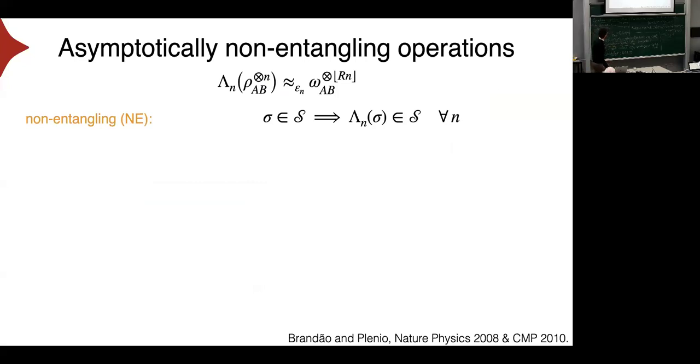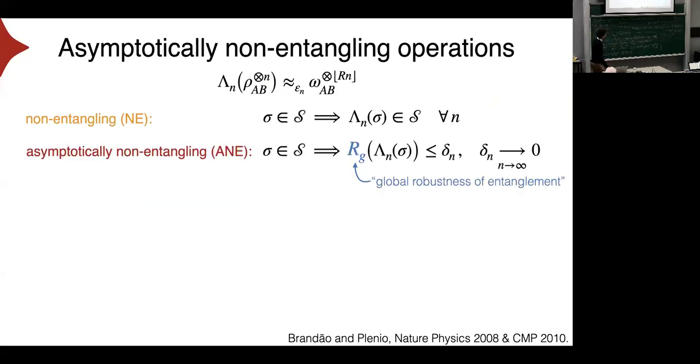You cannot create entanglement. But then Brandão and Plenio said, no, this is also not sufficient. Let's say that you can violate the rule, but just a little bit. If you start from a separable state, you can create some entanglement, but some entanglement measure that they fix should be small, and the increase of entanglement should go to 0 asymptotically. I'm not telling you what this entanglement measure is.